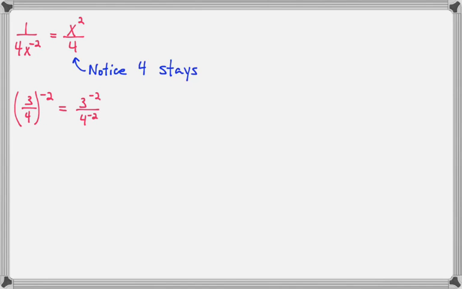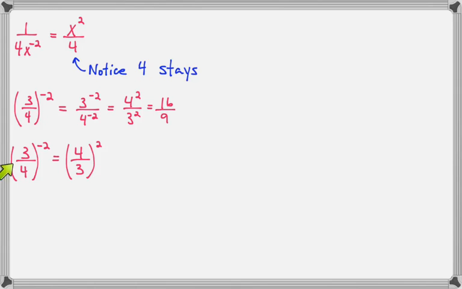And on 3/4 to the negative 2, this is the way that we did it, but there's another way that's very helpful to think about fractions raised to negative exponents. You see that because they both had a negative exponent, the top and the bottom, we ended up moving both numbers. Well, instead of separating it out like that, what you can do is just think of it as, the negative causes the whole fraction to flip over.